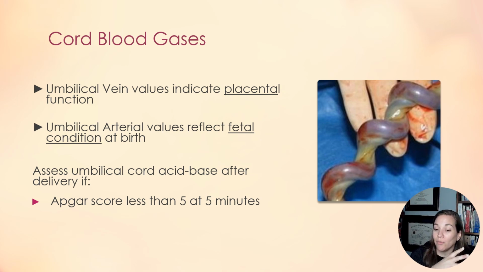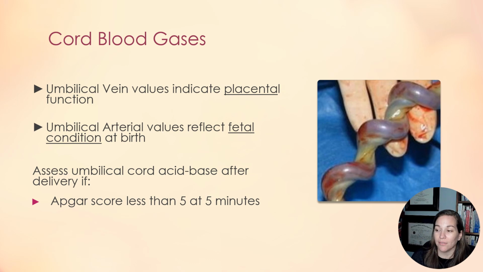So the umbilical vein is coming from the placenta toward the baby, which will tell us the placental function. In an ideal situation, how was the oxygenation in the placenta? And then the artery is the blood that has already been used up, whatever available oxygen was used by the baby, and is being pumped back to the placenta.